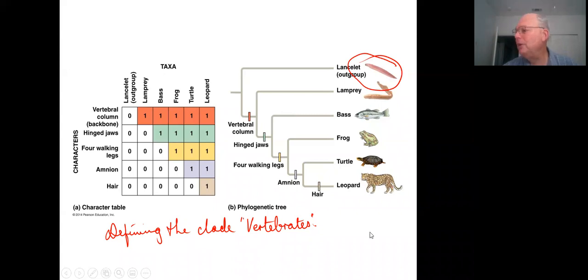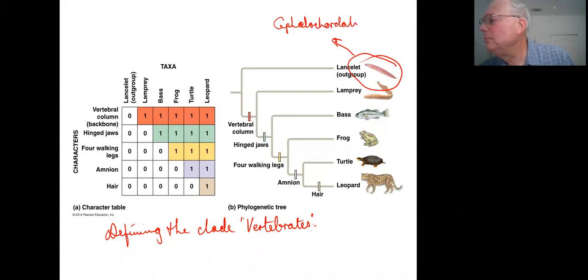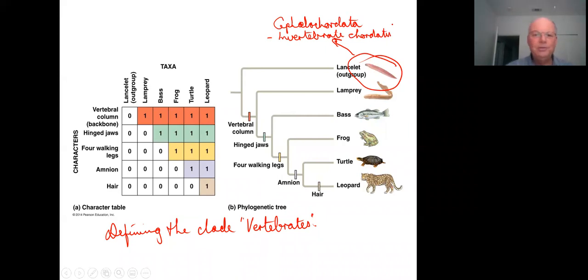So lancelets, these are Cephalochordata. They are invertebrate chordates.